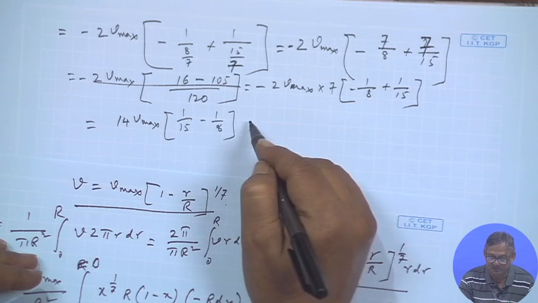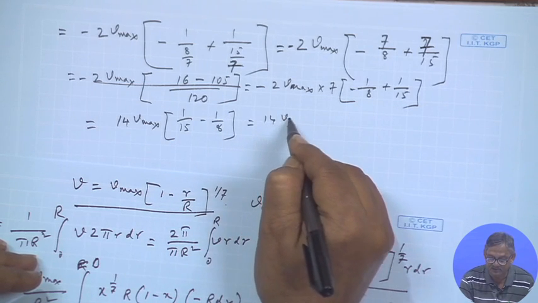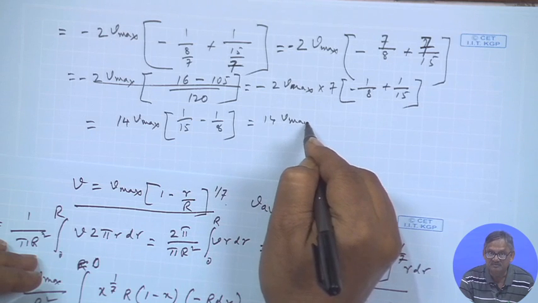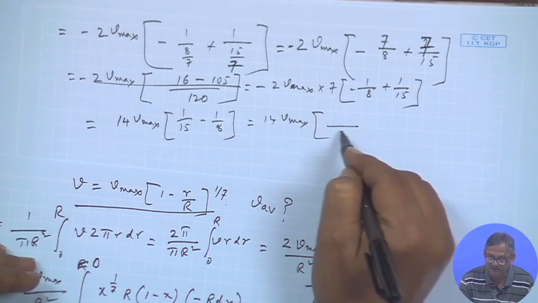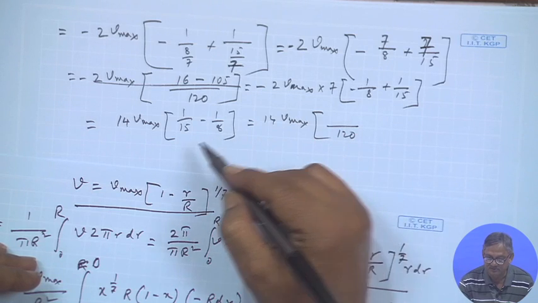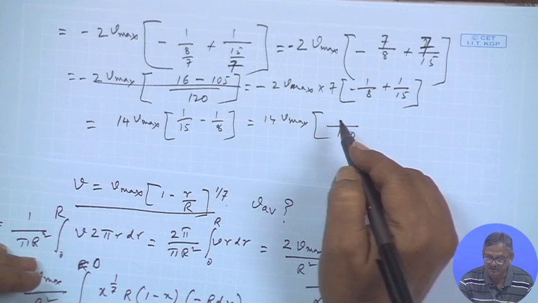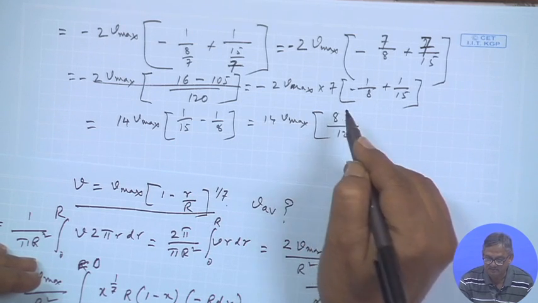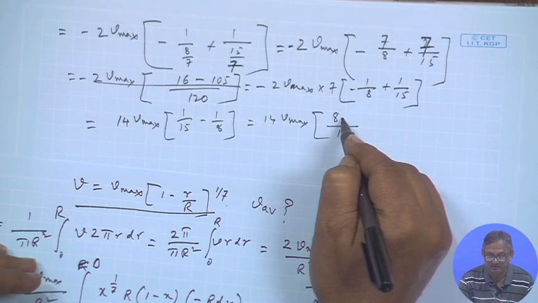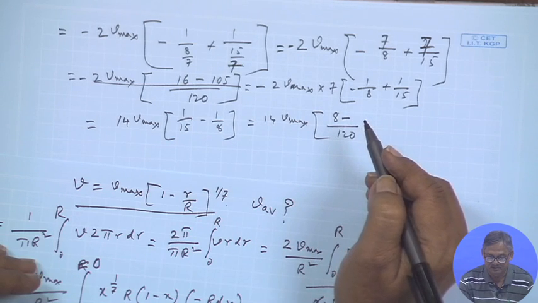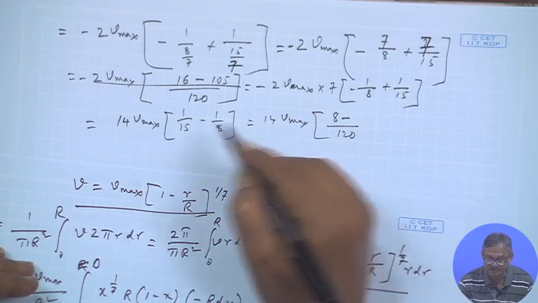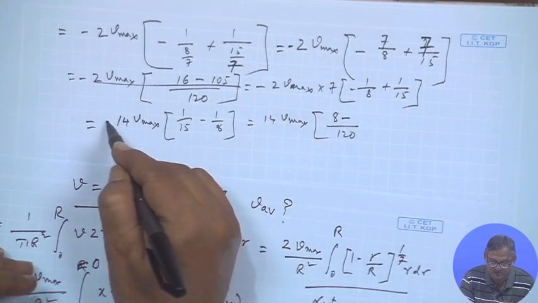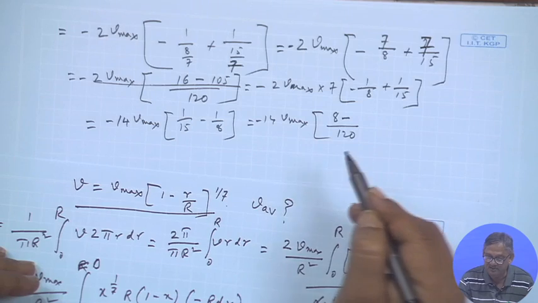So, this is 14 V max over 120. This becomes 8, and the negative was there, this negative is still there.